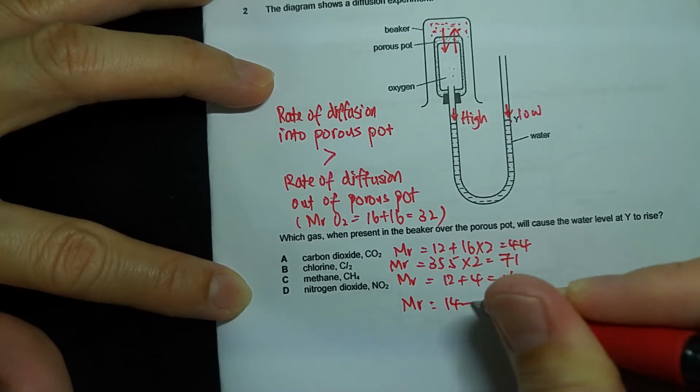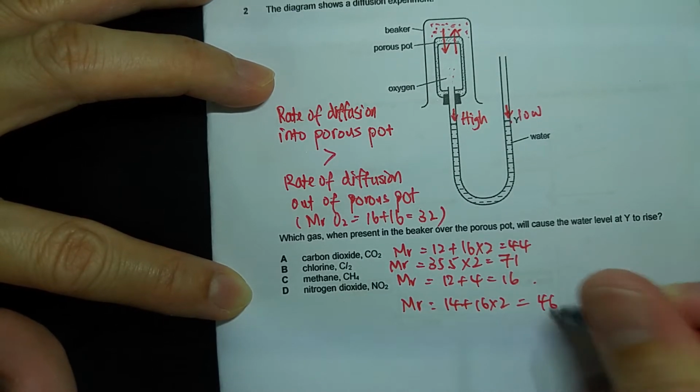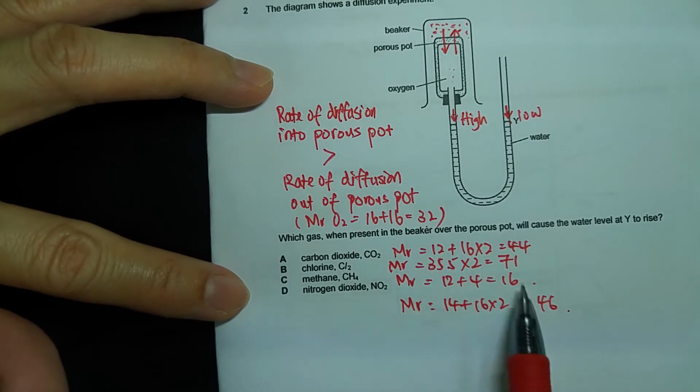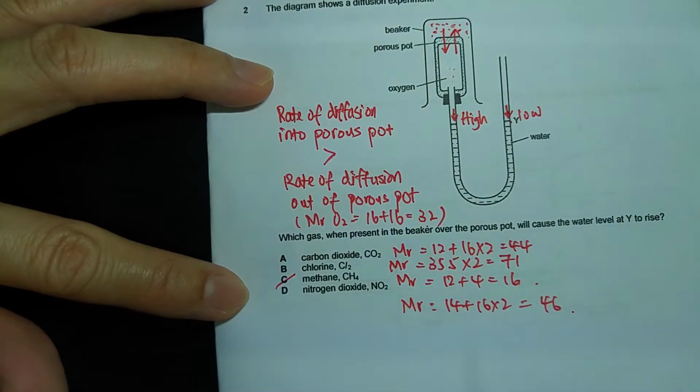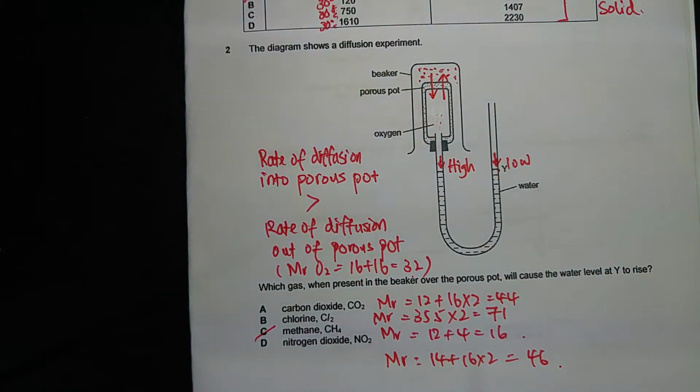Nitrogen is 14 times 2, which is 28, and the other is 46. So the only gas whose MR is smaller than 32 is 16, which is CH4. Alright, so it's all about comparing the rate of diffusion of the gases into the porous pot and out of the porous pot.